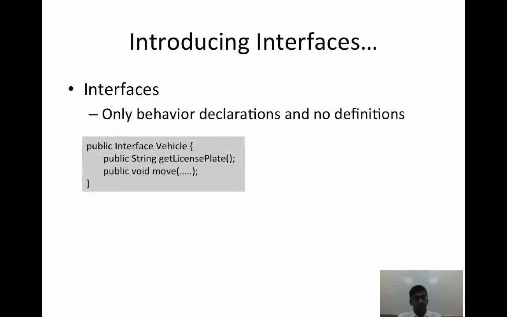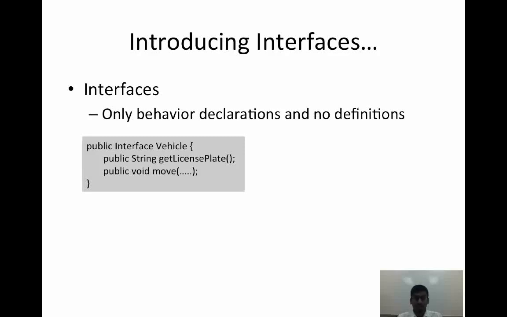All right. So once you have the major entities, your next step is to define their behavior, or rather just identify their behavior. So what is a vehicle? What behavior would every vehicle have? Obviously, every vehicle would have a license plate, a license tag, and it should also have the ability to move.